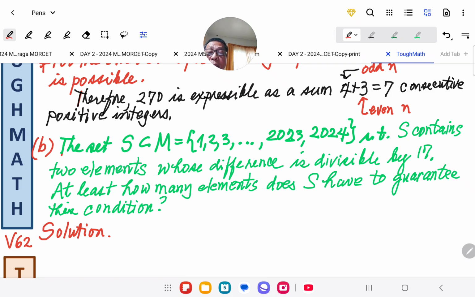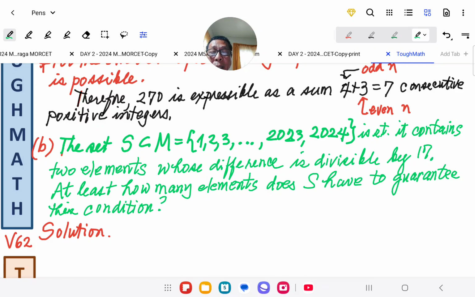Okay, so the set S, which is a subset of M, which contains the numbers from 1 to 2024, is such that it contains two elements whose difference is divisible by 17.